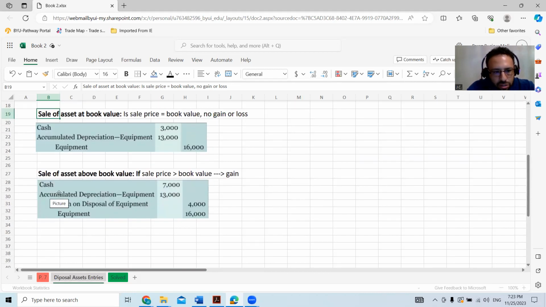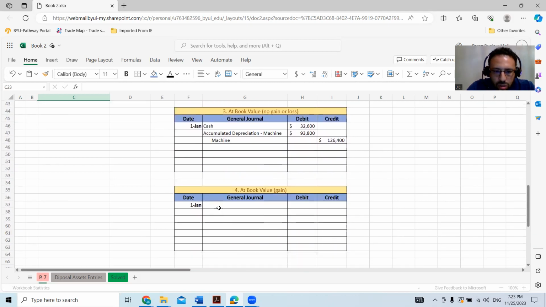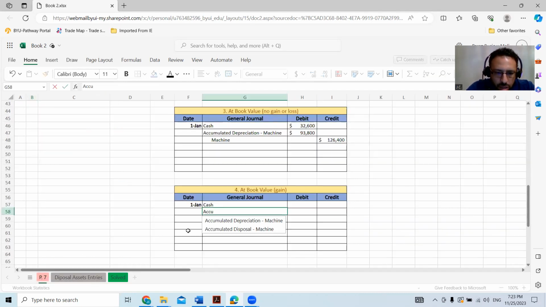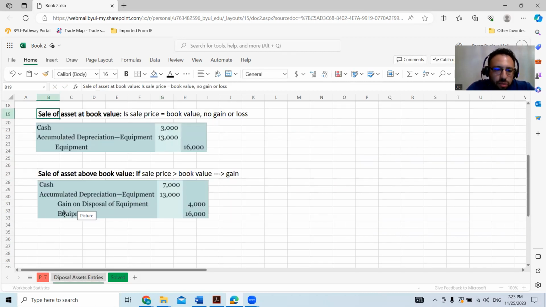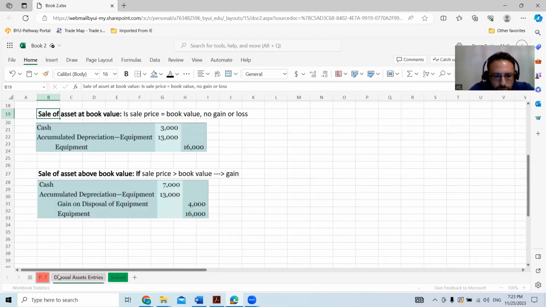It's a gain, and this is how we do the entry. We debit cash. We debit accumulated depreciation machine. And it says we also need to credit the gain and the equipment. So let's do that. Gain on disposal of machine.